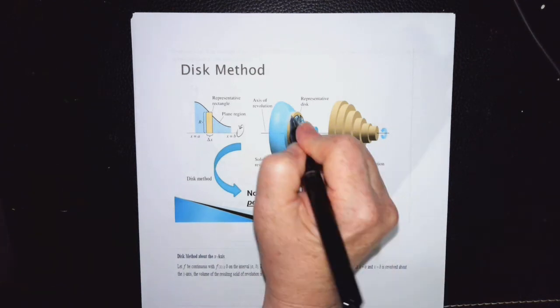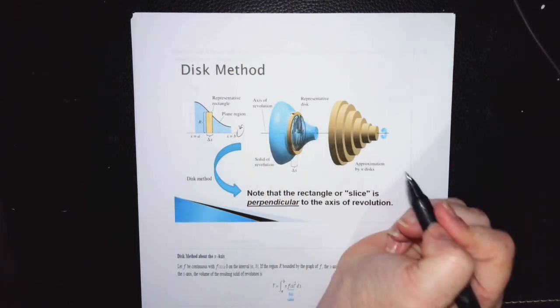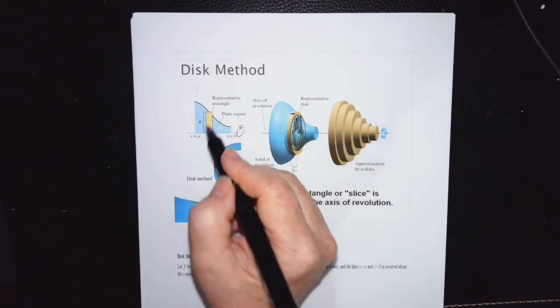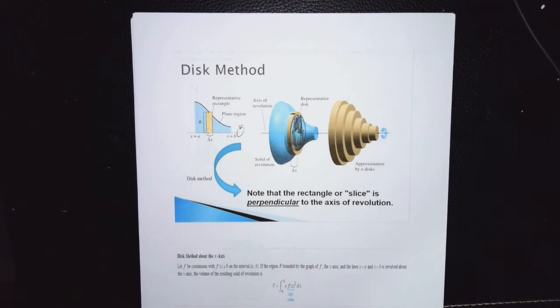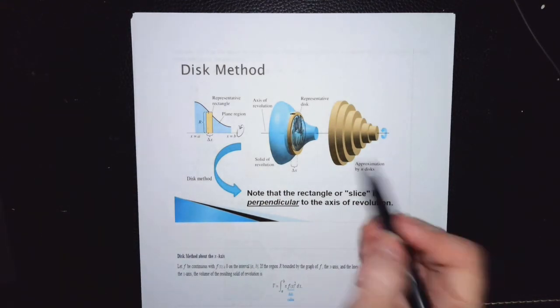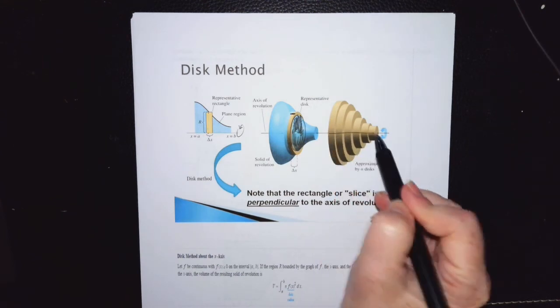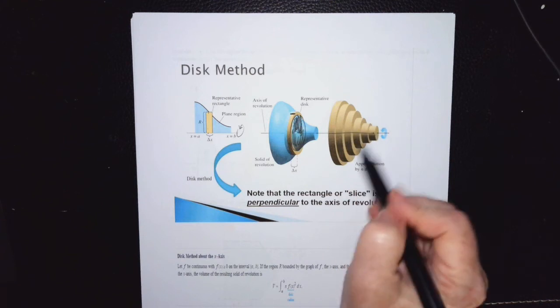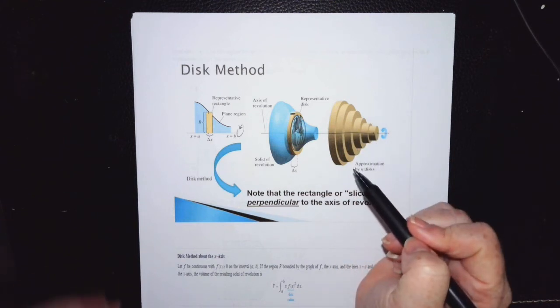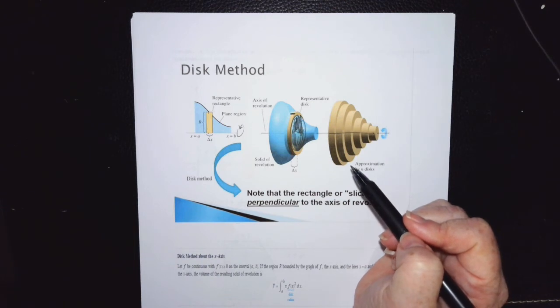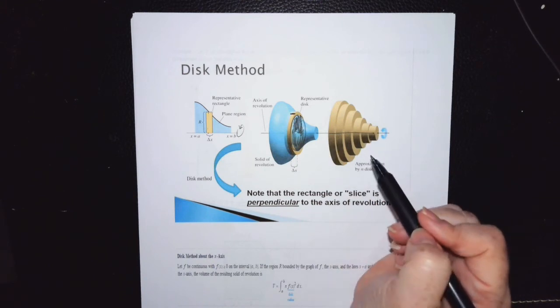It's a disc whose thickness is the width of the rectangle and whose radius is nothing more than the height of the rectangle we were rotating. The idea is we're going to take those infinitely many discs that we would get when we rotate representative rectangles, add their volumes up using integration, and that sum will be the volume of that solid of revolution.